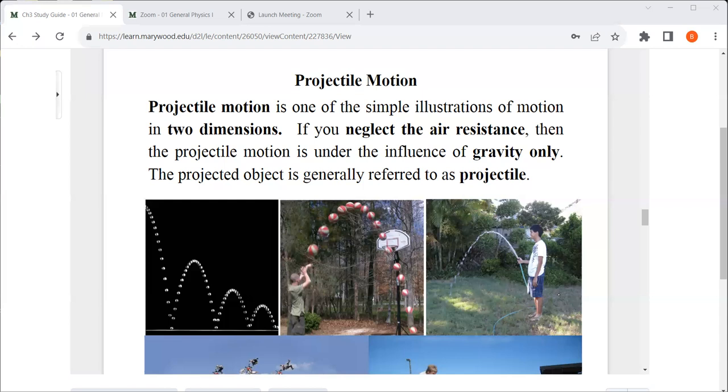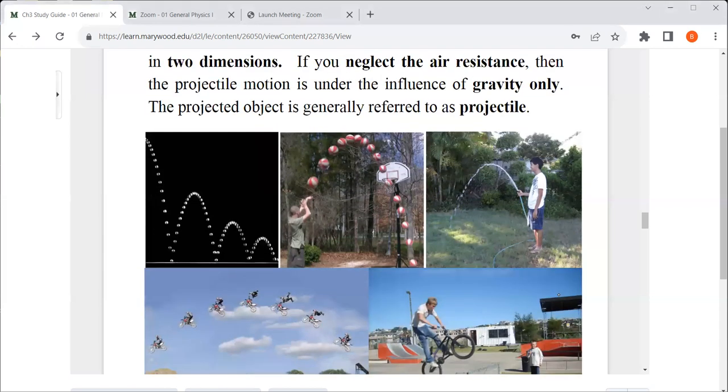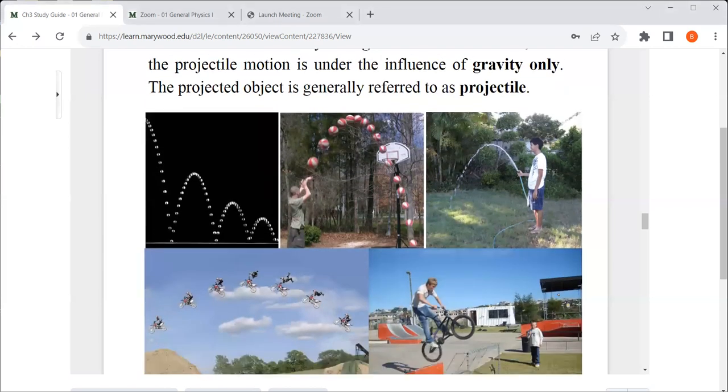Here I show some real life examples of projectile motion. For example, the marbles' motion is projectile motion, and the marble is the projectile. The basketball is the projectile, and its motion is projectile motion.